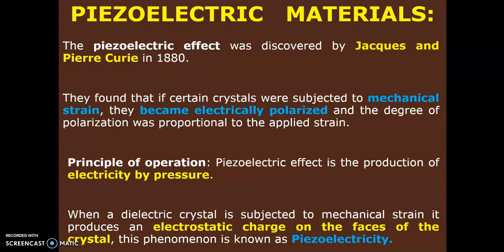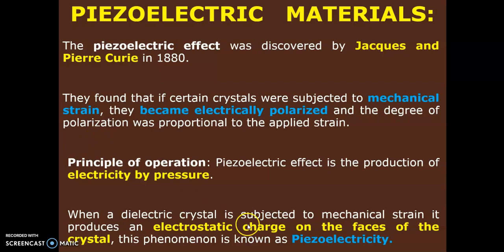To whom do you apply mechanical strain to produce electrical energy, or to get polarization? The materials which are piezoelectric materials. If you use any other material and go on applying mechanical strain, you will not see polarization. Only in the case of piezoelectric materials. So remember, piezoelectric materials means electricity is produced due to mechanical strain.